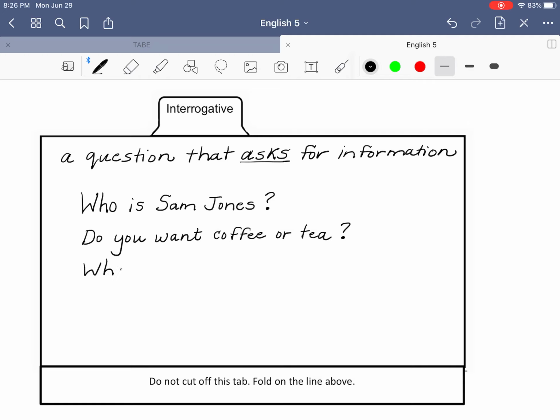What color are your eyes? All of these are interrogative. They're asking for a reply, a response. You capitalize them and you use the question mark as your end mark.